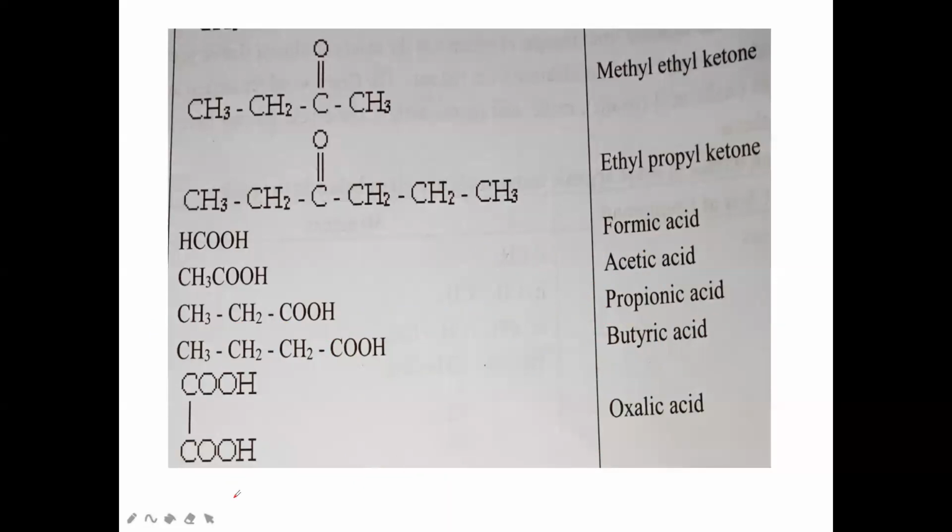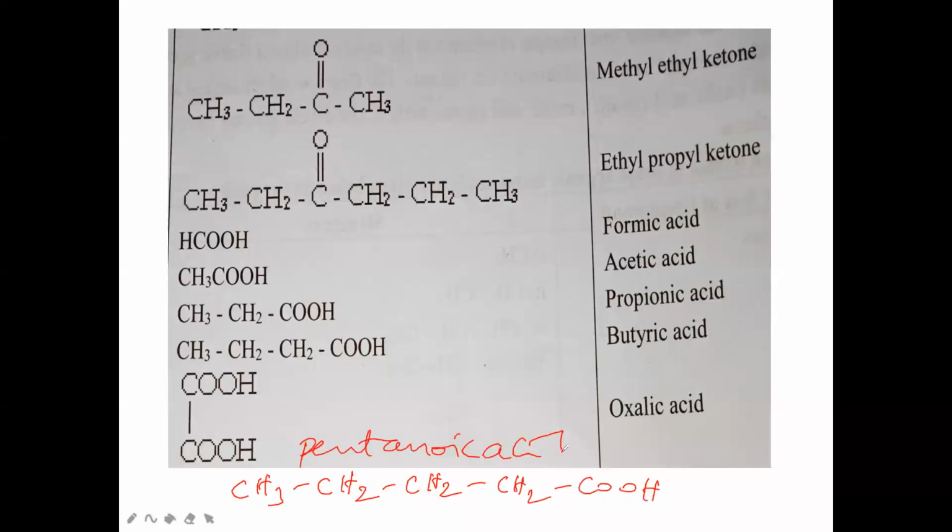Now the next one. If you take CH3, CH2, CH2, CH2, COOH, how many carbons? Totally 5 carbons: 1, 2, 3, 4, 5. So what is the IUPAC name? Pentanoic acid. And what is the common name here? Valeric acid.